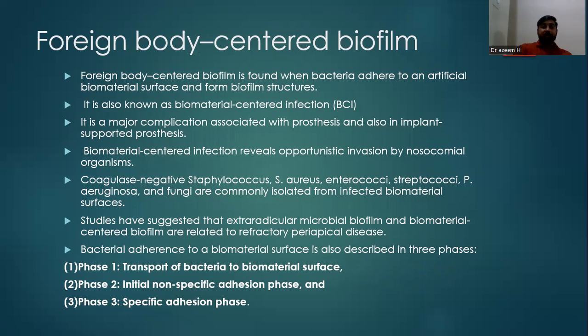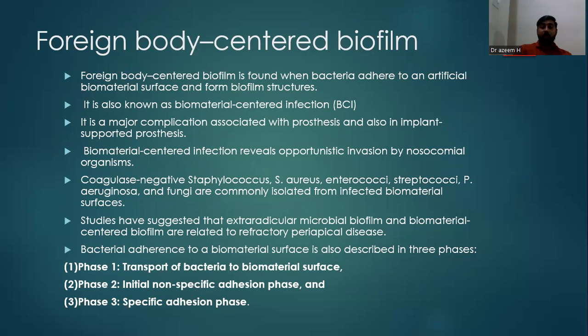Coming to foreign body-centered biofilm, also known as biomaterial-centered infection. Foreign body-centered biofilm is found when bacteria adhere to an artificial biomaterial surface and form biofilm structures. It is a major complication associated with prostheses and also with implant-supported prostheses.